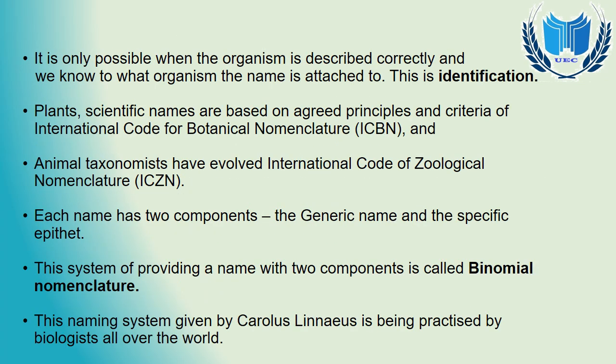Now as we had seen, there is a variety and a large number of plants and animals in the world. So how should they be named? As we discussed just now, local names are there, but it is not possible for animals and plants to be studied on the basis of the local name.